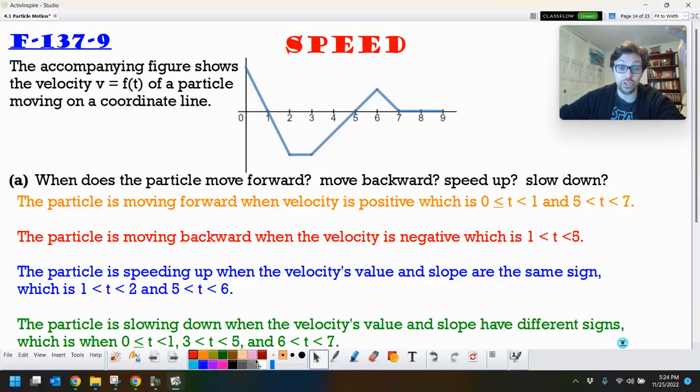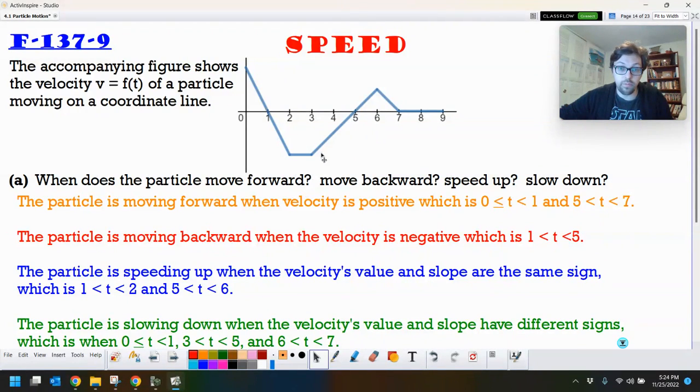The particle is going to be slowing down when the velocity's value and its acceleration are opposite sign. In this case, when is the slope an opposite sign? So here we have a negative slope, but a positive velocity because we have positive values here. So that would be where the particle is slowing down.